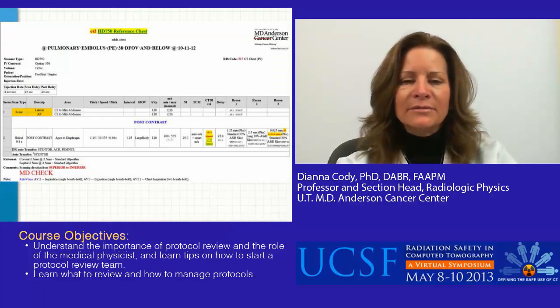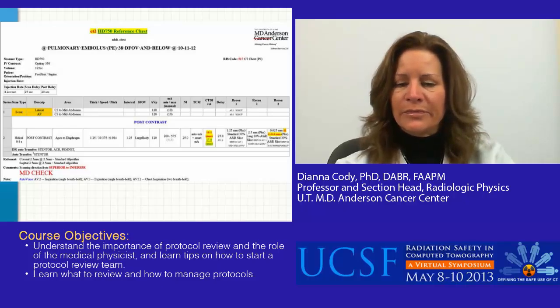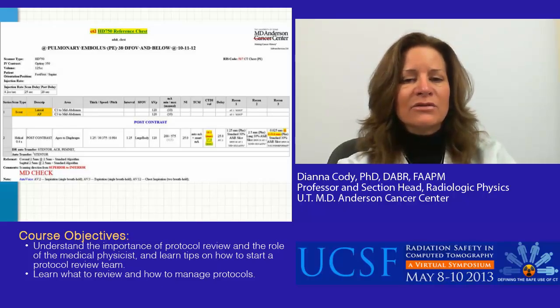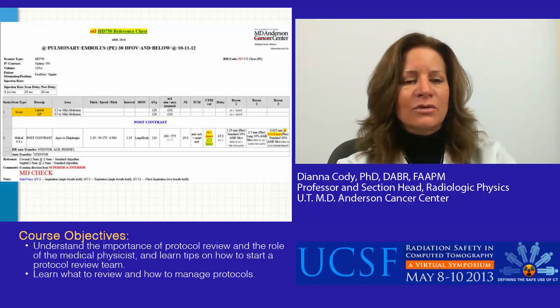So you can see in this particular example, under our pulmonary embolus protocols, we see that there is a mismatch on this particular scanner called CT2. These mismatches are highlighted in yellow, and that's shown in the next slide.